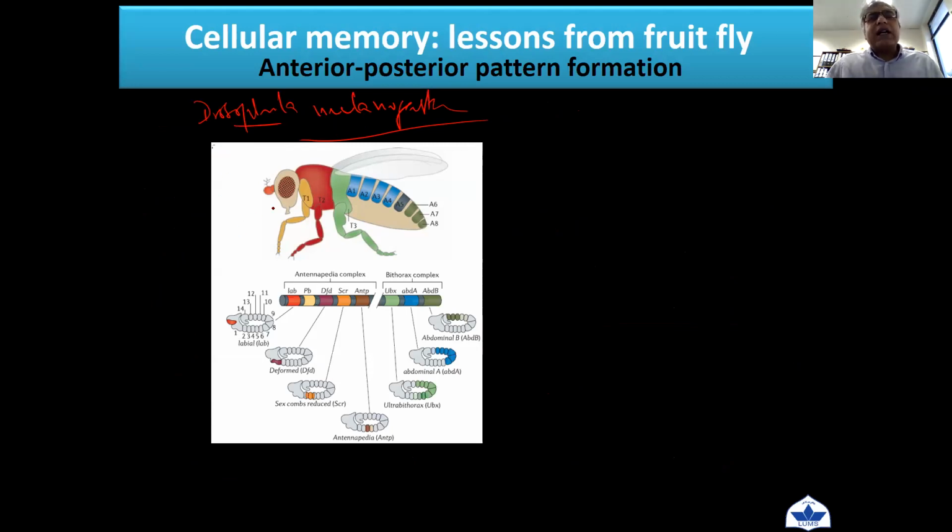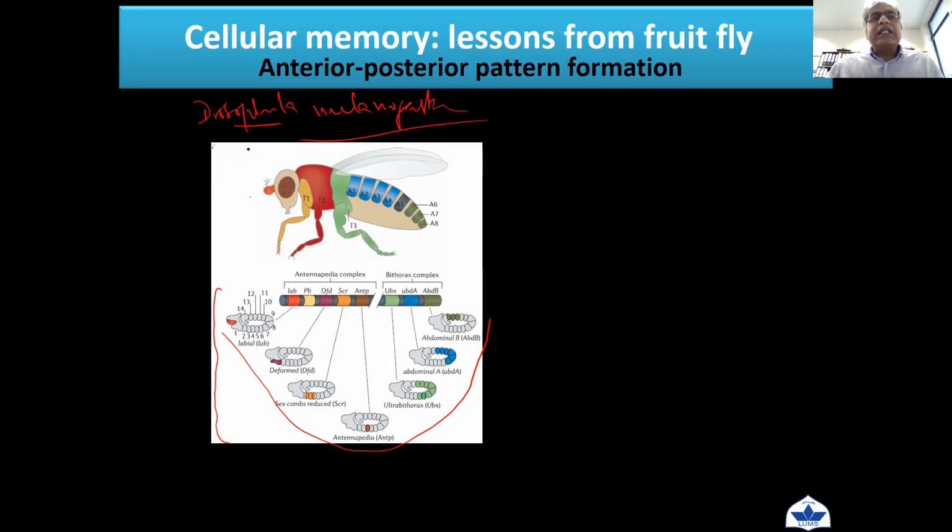So this cartoon shows you the early embryonic stage. This is a few hours old embryo. As you know, flies from egg to adult take 10 days.